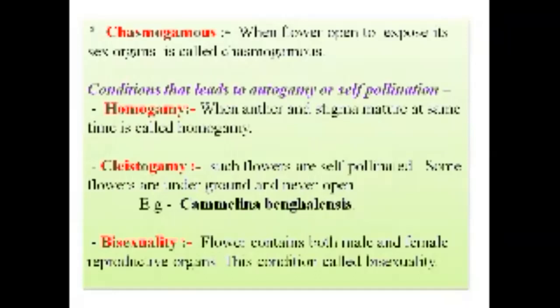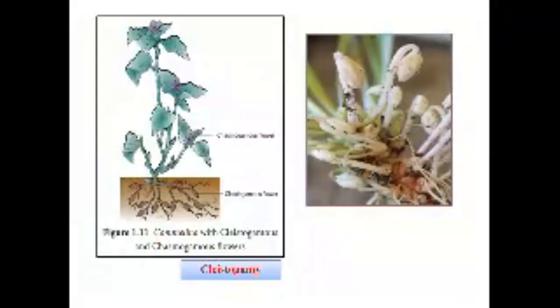So this condition is known as cleistogamy, and bisexuality means the flower contains both male and female reproductive parts. Homogamy, cleistogamy and bisexuality favor this condition that leads to self-pollination.